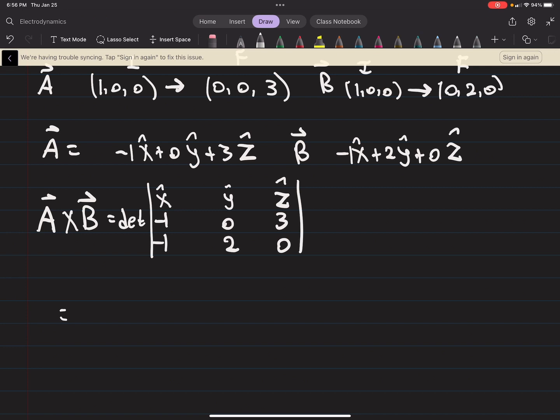We start with the first part: 0 minus 6, so that's minus 6 x hat. Now the y component, which would be minus 3, so it'll be plus 3 y hat. And for the z component, it's minus 2 minus 0, so minus 2 z hat.